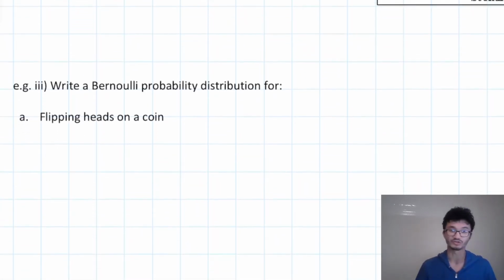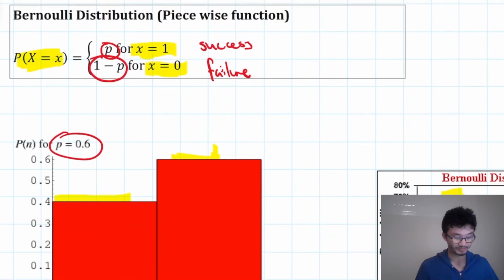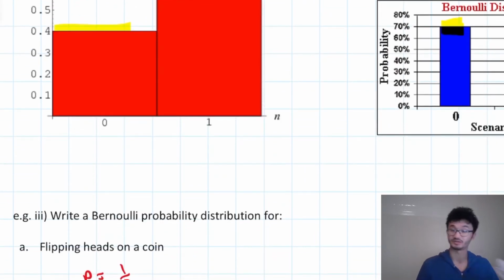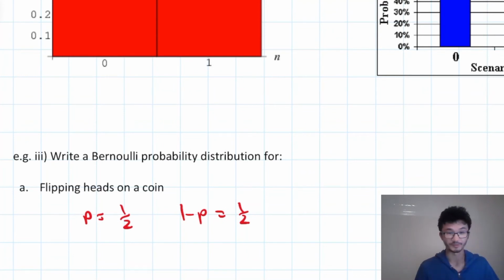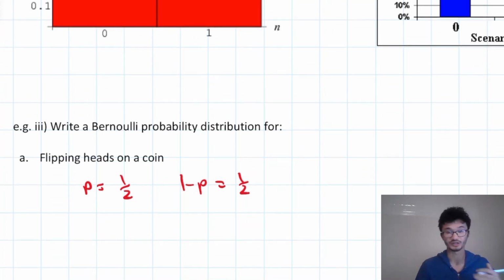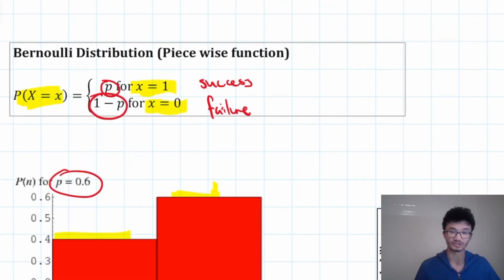So they want us to write a Bernoulli distribution for the following situations. For example, flipping heads on a coin. Right? So what might that look like? Well, again, you've got your probability of success being half, and then the probability of failure, that's 1 minus p. Sometimes they'll say that that's q, but 1 minus p, that's just half as well, right? And so if I want to draw up my probability distribution, I can use that table, I can use this graph, but I'm going to use this definition here that they've done.